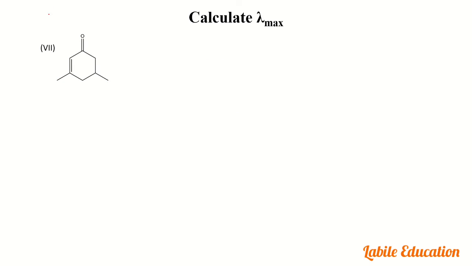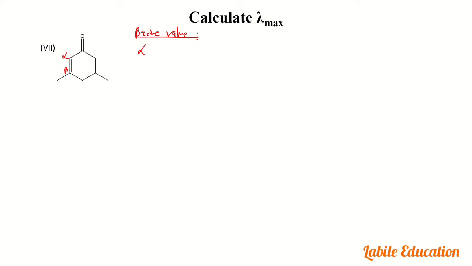Now this is another example of a cyclic ketone. Here this is a 6-membered cyclic ketone, because the ketone as well as the double bond are part of the same ring. Here this is alpha and this is beta.